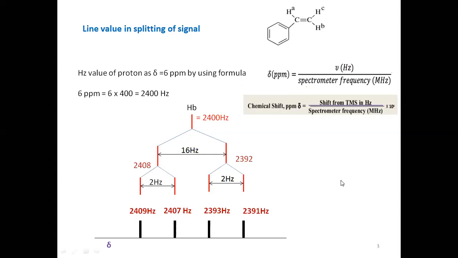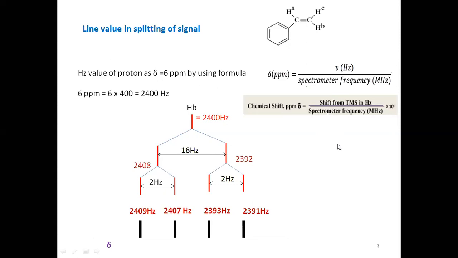Okay. And what about their delta value? For their delta value, just divide this hertz value by the machine frequency.